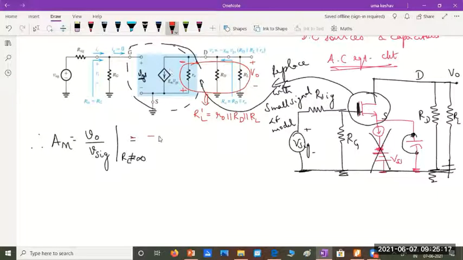Minus of the given current source gm VGS into RL dash, which is r0 in parallel with RD in parallel with RL. So this would be the value of the output voltage. And if I have to ideally consider this voltage, what would happen?